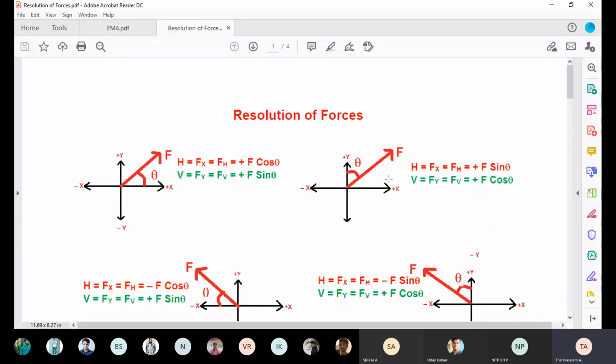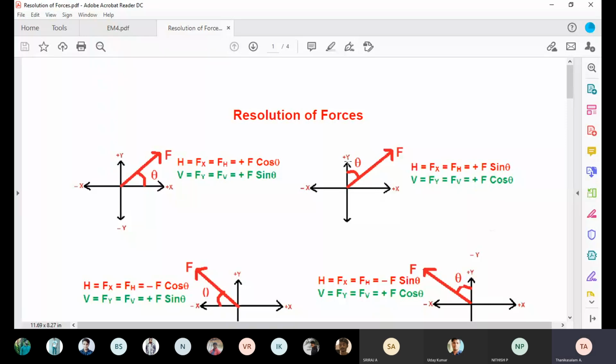The same force in the first quadrant but theta is with the y-axis. Students understand, theta is now with the y-axis. Now see, the horizontal component equals plus F sin theta. Previously F cos theta, now F sin theta for the horizontal component. Then the vertical component, Fy, equals F cos theta.